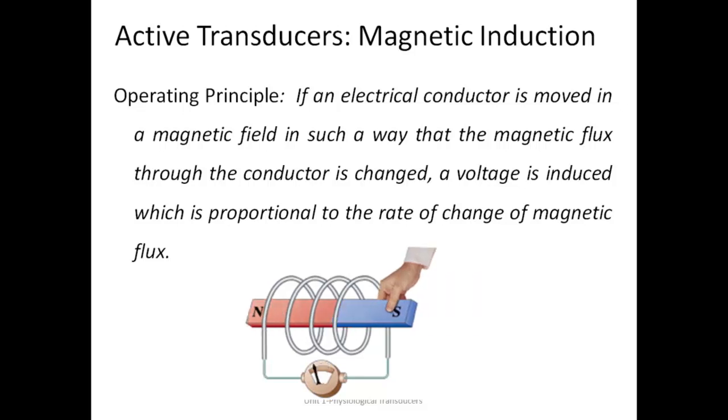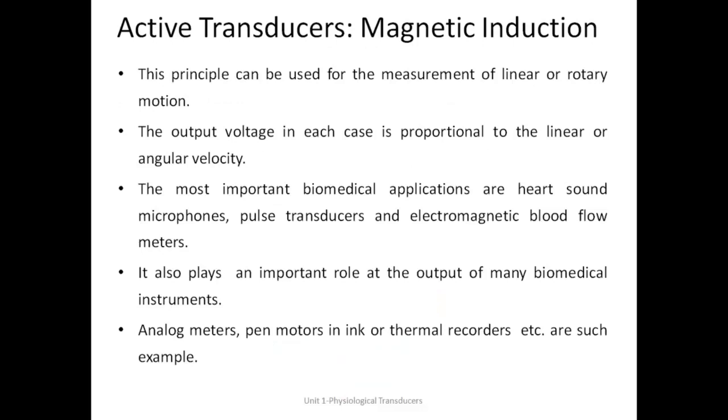So this you can actually use for measuring things like displacement. This moving magnet can be connected to the displacing part of the biomedical system, and when it moves, correspondingly the magnet moves, and a voltage is produced. So magnetic induction is one of the phenomena that help us in designing active transducers, right?